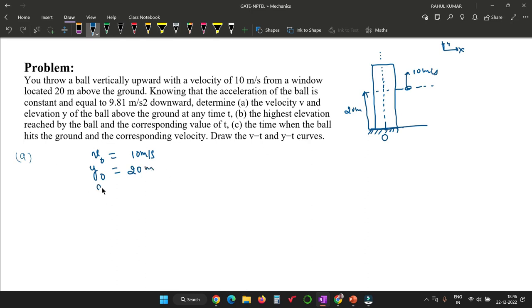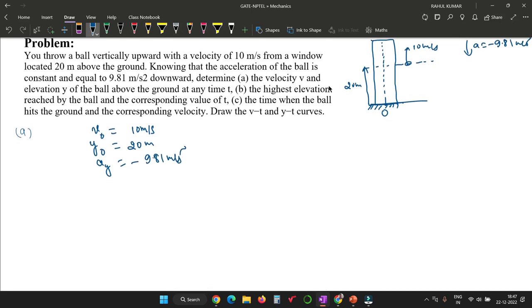And a y, acceleration is in the negative direction, so it is minus 9.81 meter per second square.